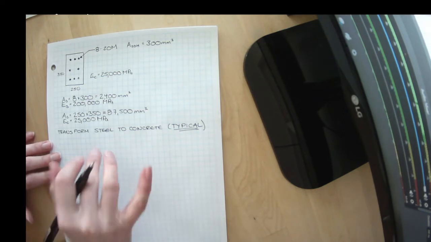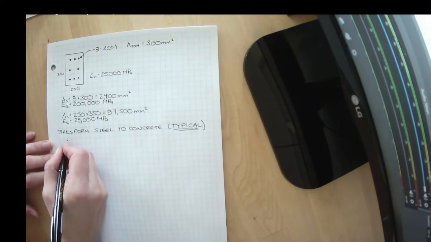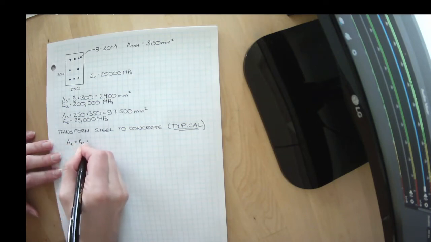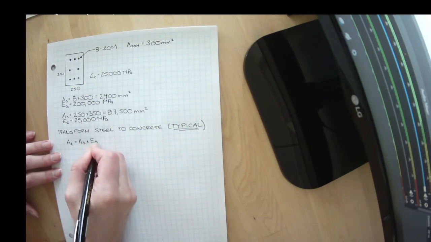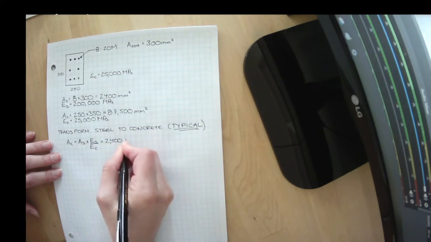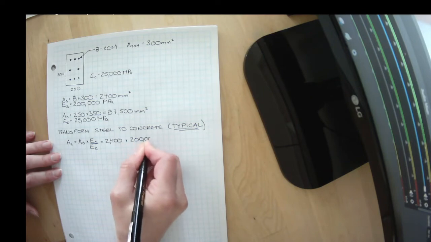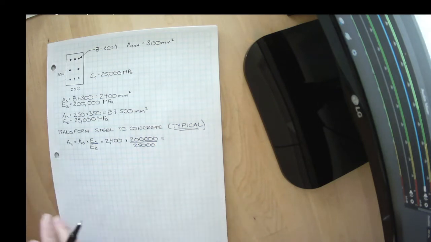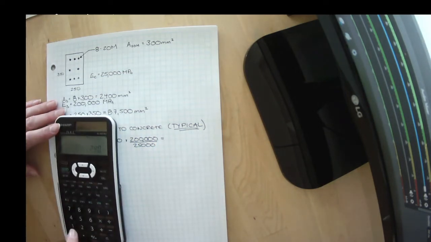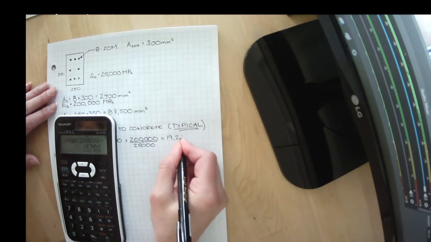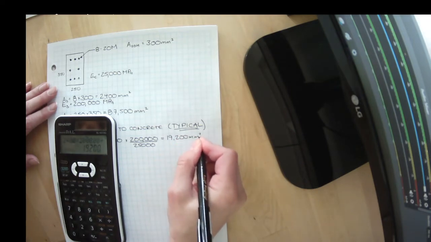But normally, the transformed section is the area of the steel times the ratio of the E of steel to the E of the concrete, or 2,400 times 200,000 MPa divided by 25,000 MPa. 2,400 times 200,000 divided by 25,000 gives us 19,200 millimeters squared.